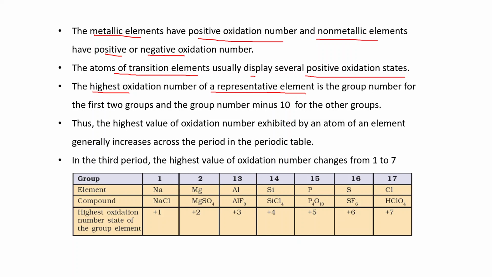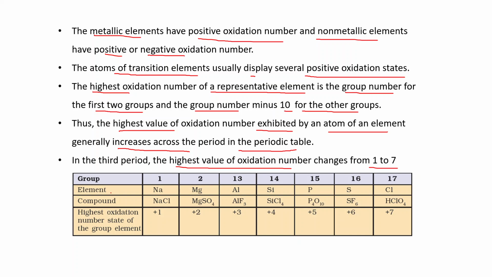Elements belonging to group 1 and group 2 and groups 13 to 18 are the representative elements. It is the group number for the first two groups and the group number minus 10 for the other groups. Thus, the highest value of oxidation number exhibited by an atom of an element generally increases across the period in the periodic table. Now, let us see the oxidation numbers of third period elements in their compounds. The highest value of oxidation number changes from 1 to 7.